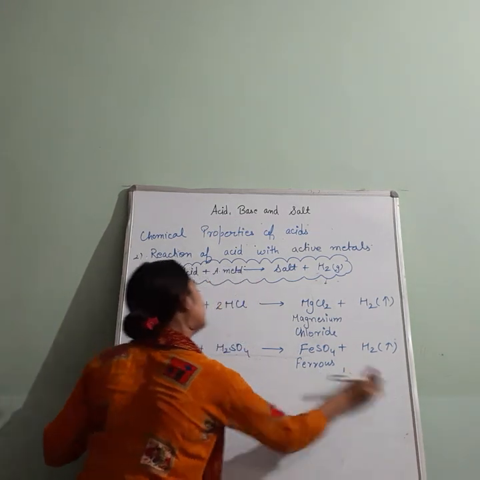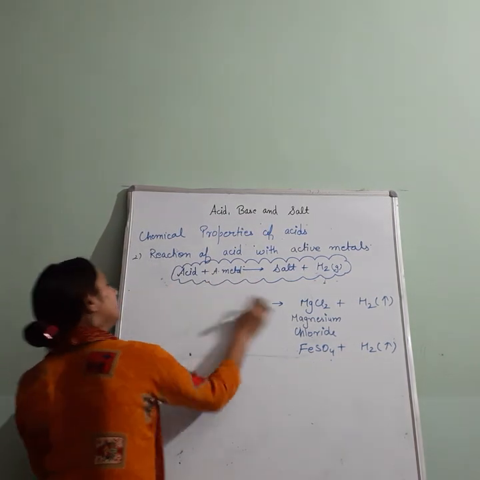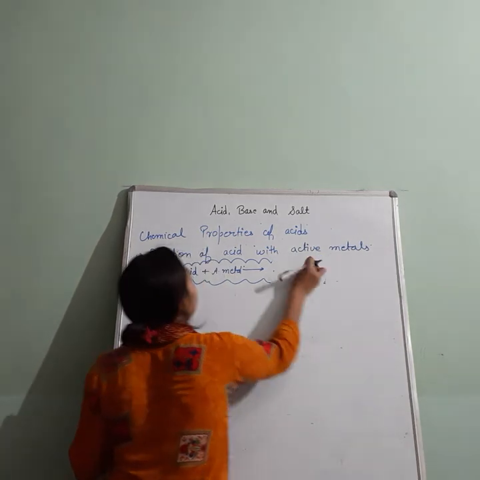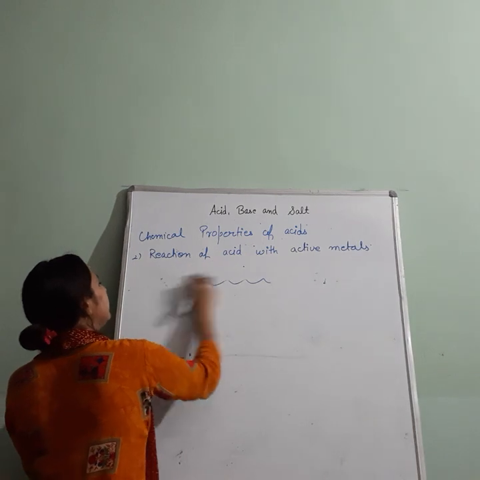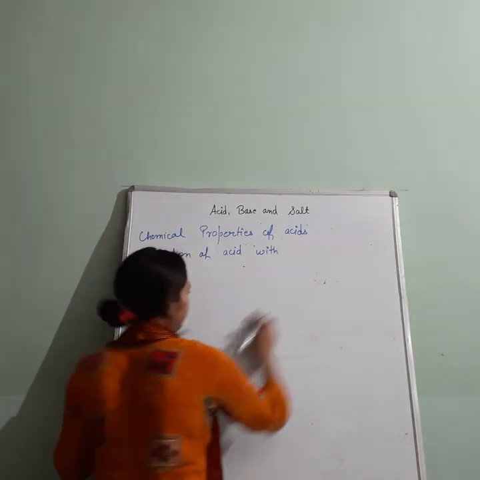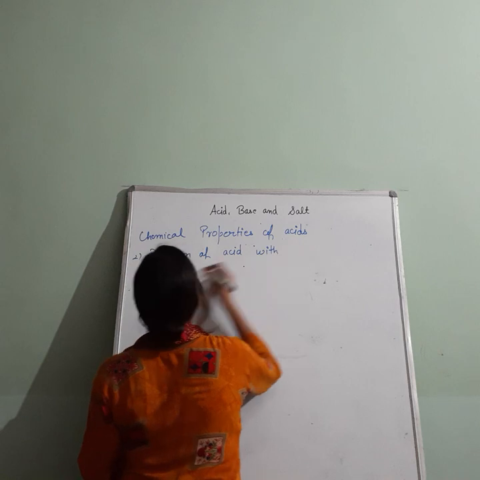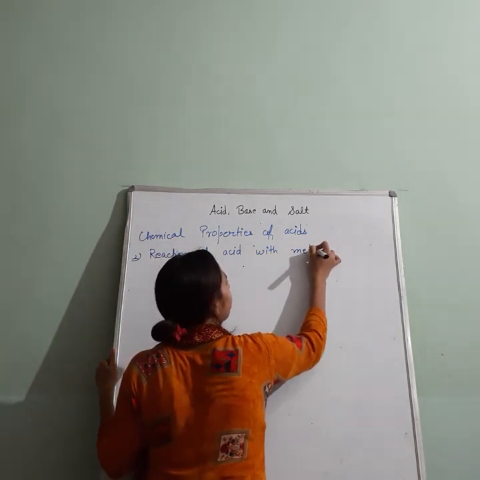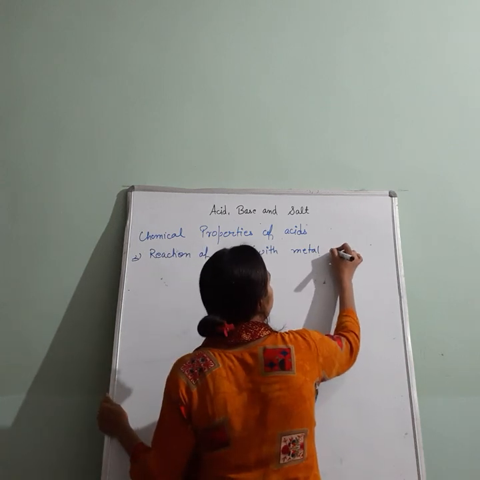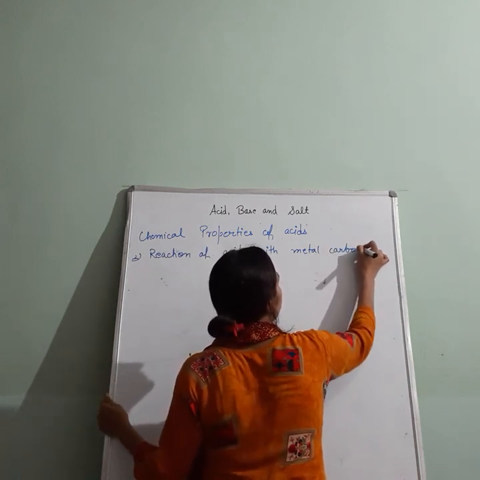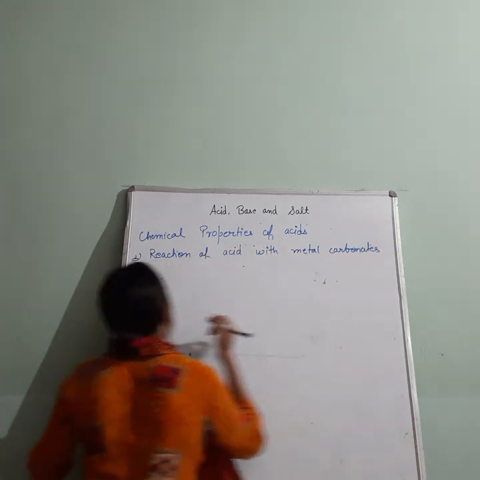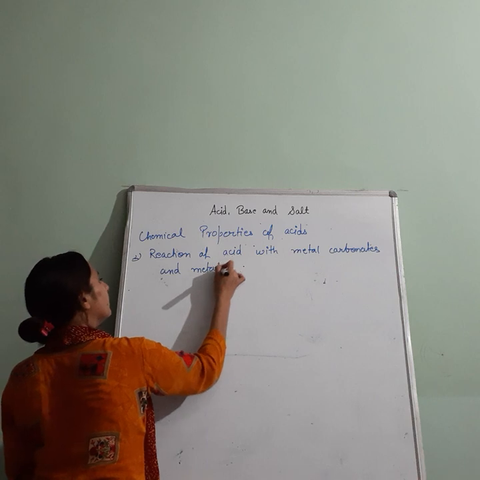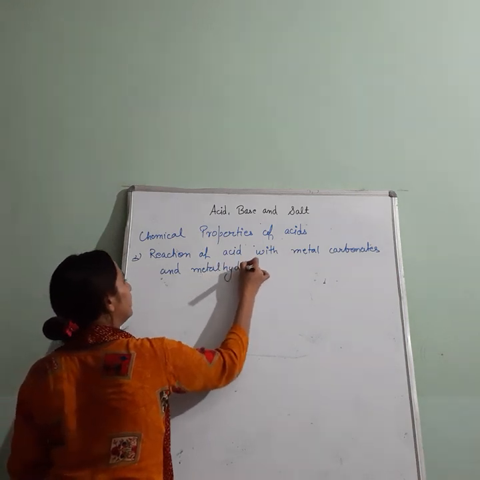Next, we are dealing with the third chemical property, reaction of acids with metal carbonates and metal hydrogen carbonates.